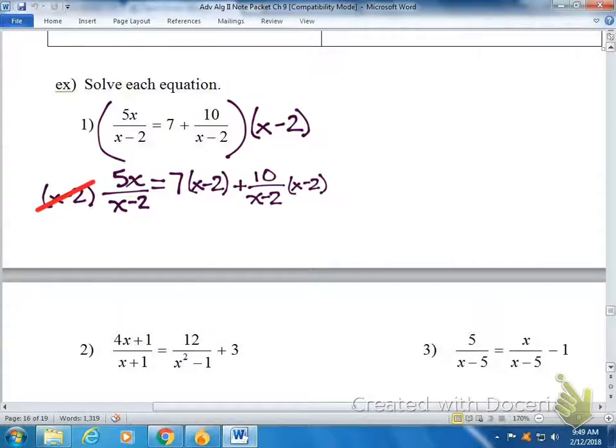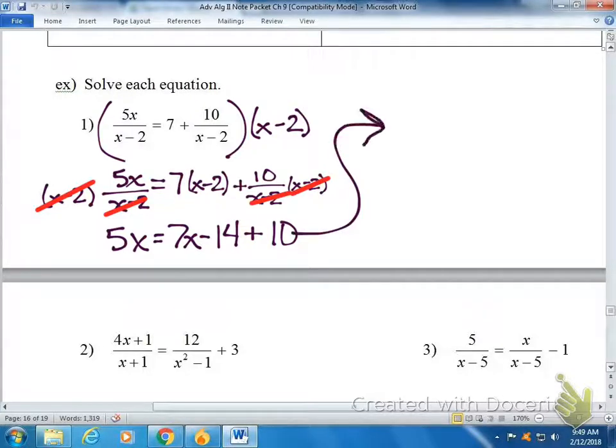So this way I see, wait a second, the first denominator is undone, and that last denominator is undone, leaving us with 5x equaling, you can immediately distribute. And it's cleaned up. I move the x's to the left. I get negative 2x equaling negative 4. That gives a solution of x is 2.